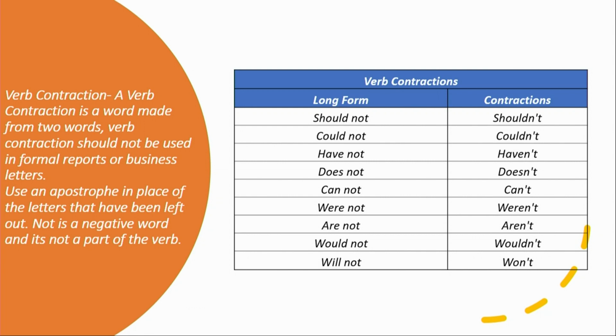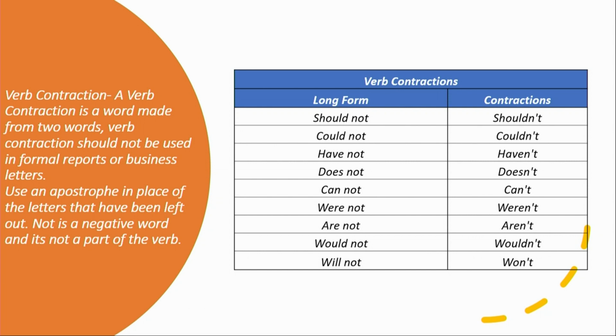Verb contractions help us a lot. Many of us don't use contractions, we use the long form while speaking to others. So let us try to use verb contractions, which will be very useful in making your sentences short and easy.